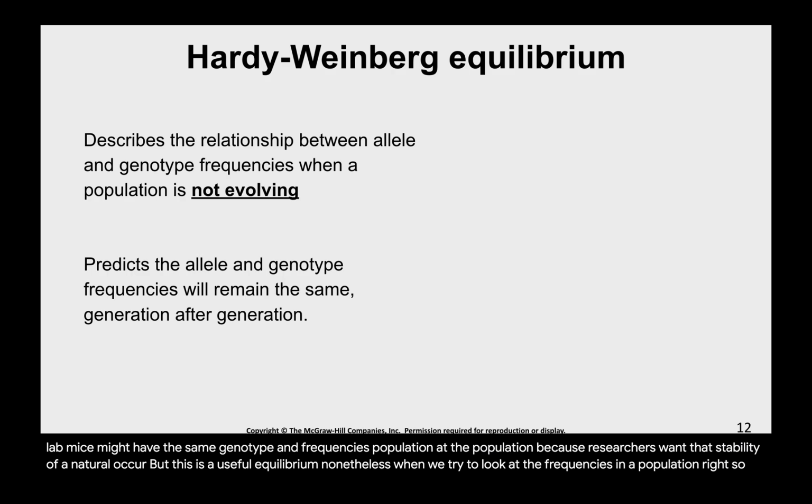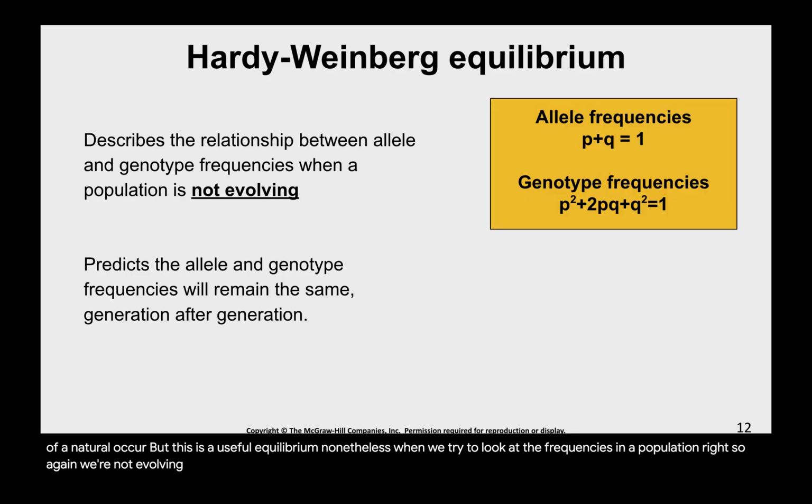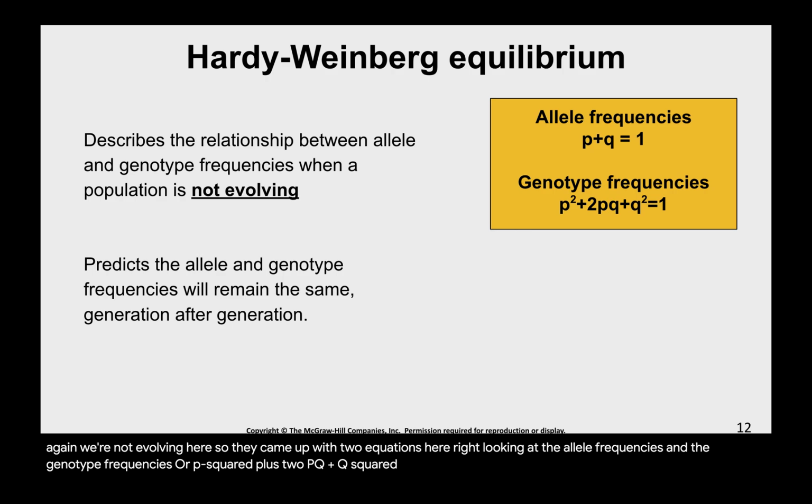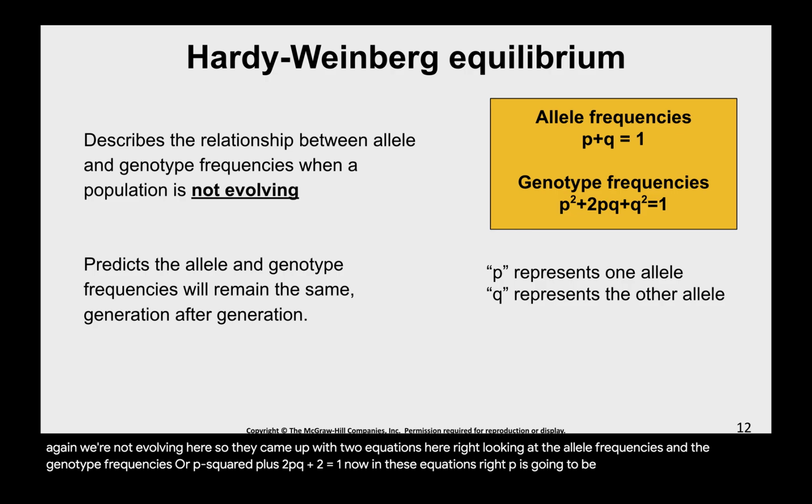So again, we're not evolving here. They came up with two equations, looking at the allele frequencies and the genotype frequencies: p plus q equals 1, or p squared plus 2pq plus q squared equals 1. In these equations, p is going to be one allele, and q is going to be the other allele.